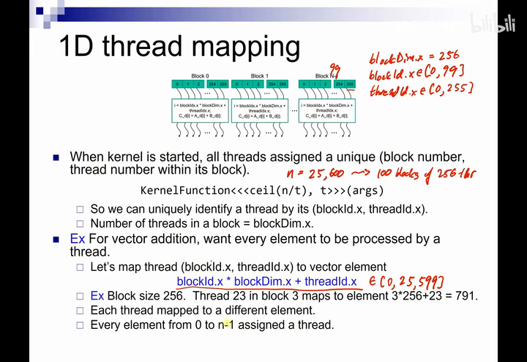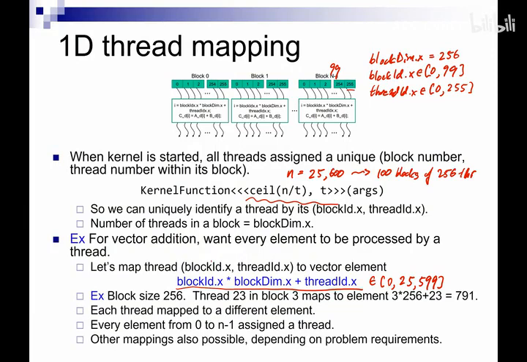Also, since these values are unique for every thread, every thread is going to process a different element. If you put these two together, we see that every element in the vector is processed by one of the threads that we started up here. So we started 100 thread blocks with 256 threads each.